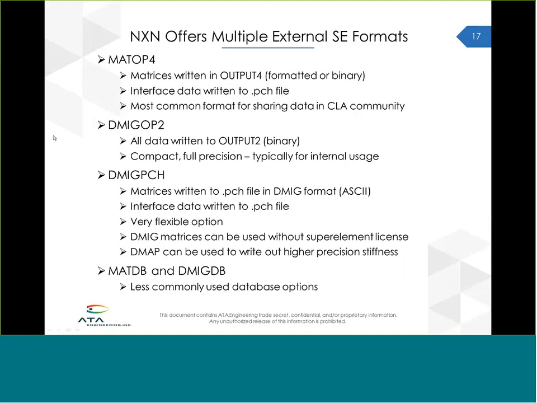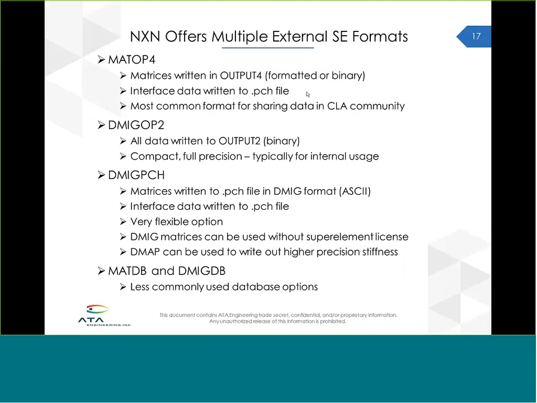Several of the formats here, again, these are functionally the same, but there's MAT-OP4. So this writes outputs to the output 4 format, which can be either ASCII, formatted, or it can be in binary format. And it writes some of the grids and interface data unique to the punch file.